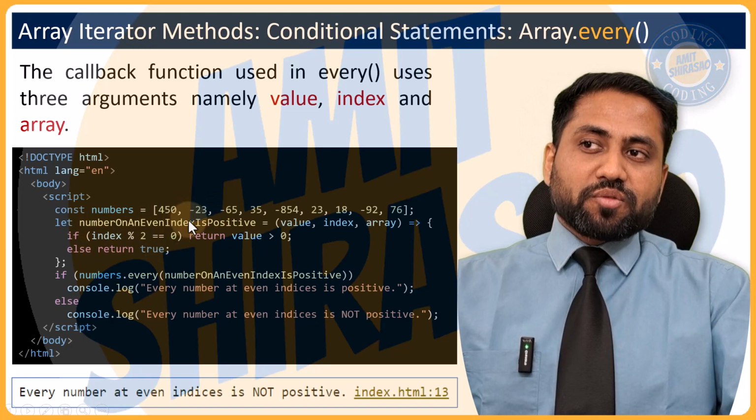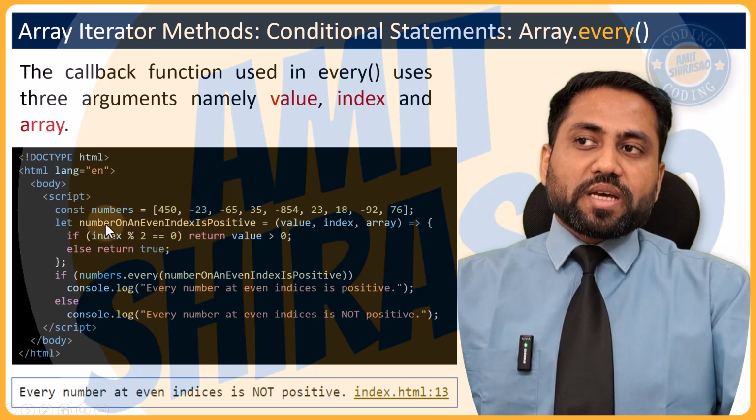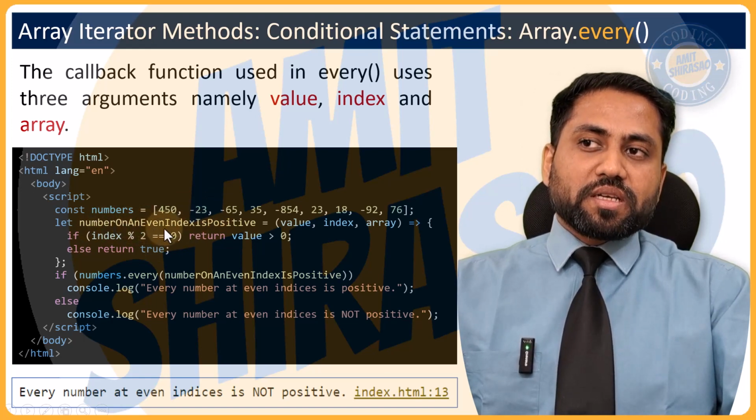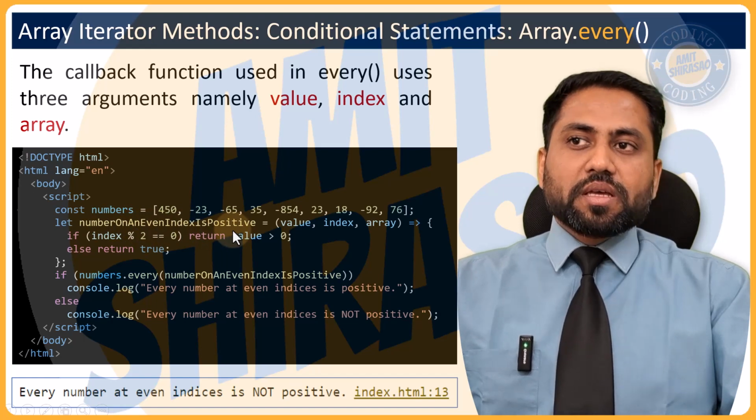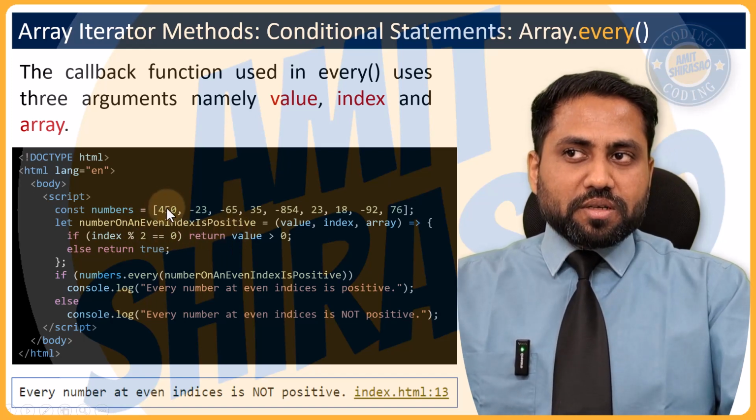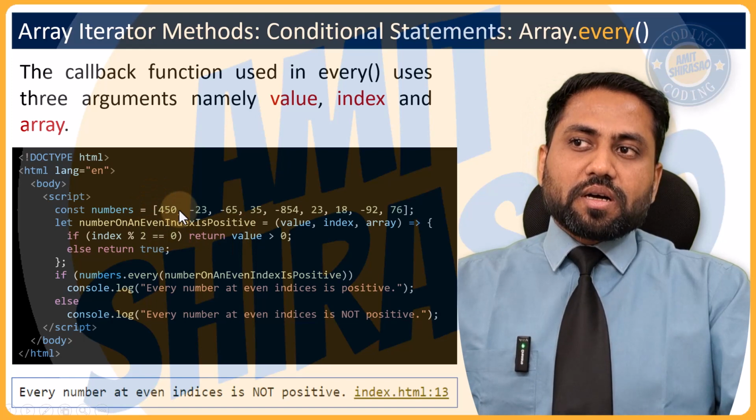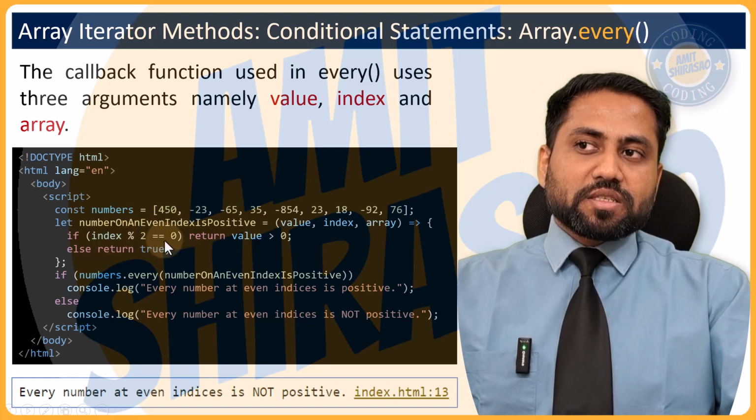That is why I've given the name of this callback as number on an even index is positive. For the first number, is the index even?